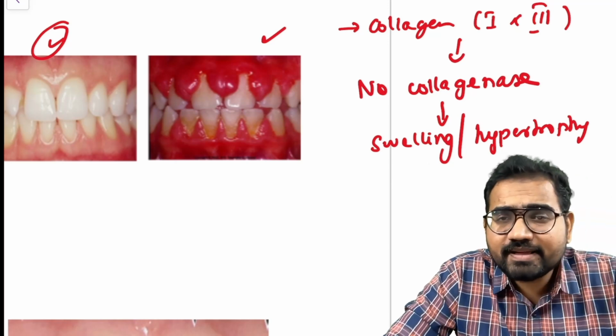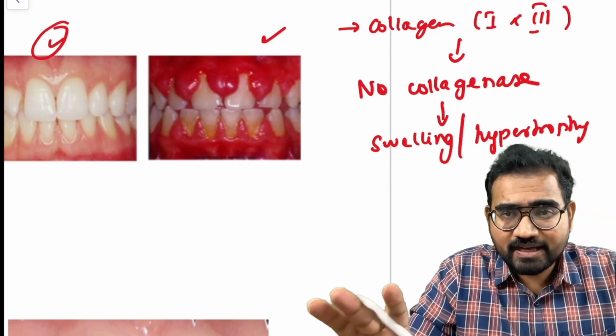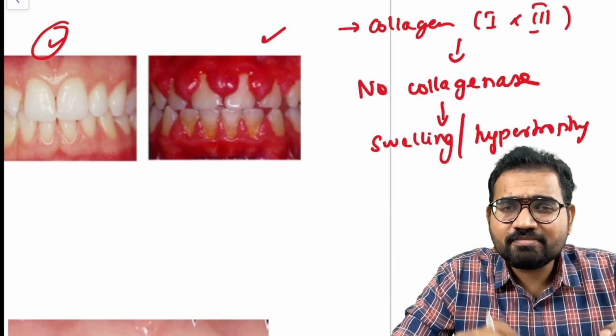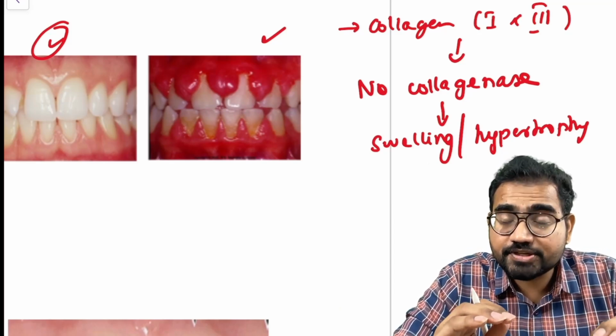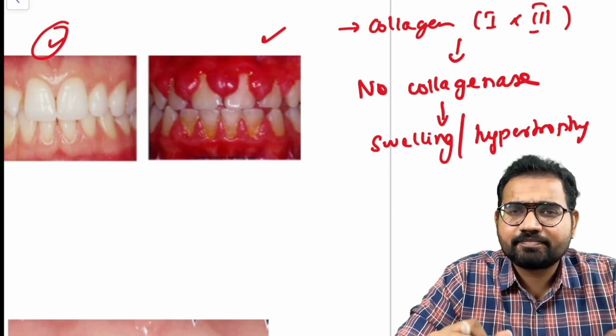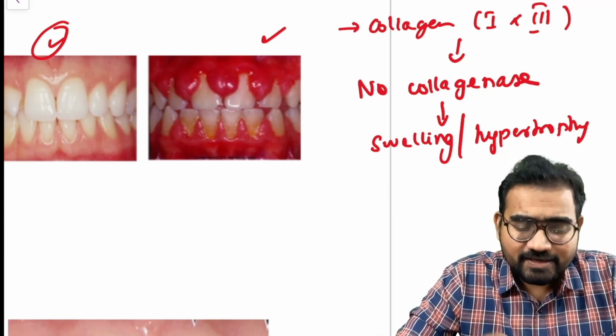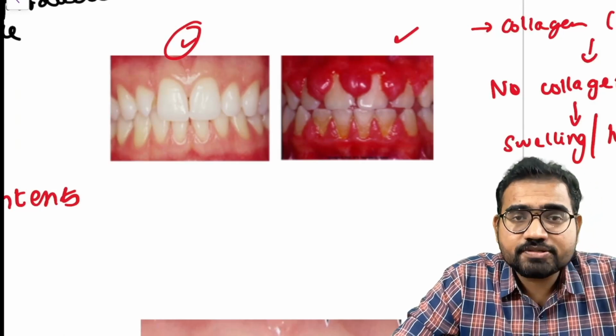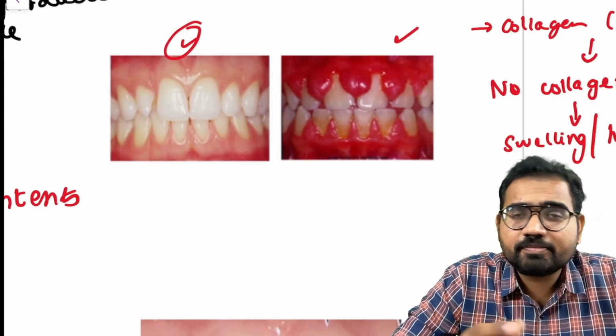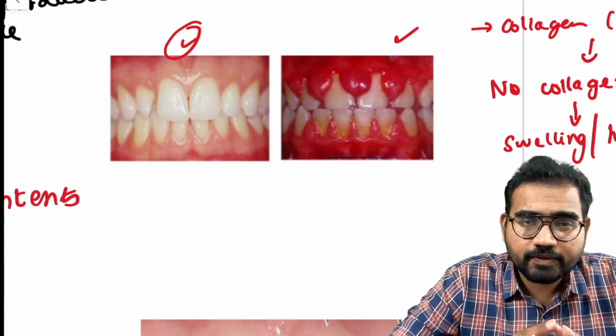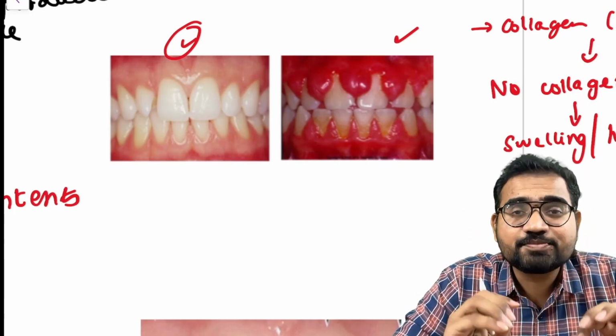So am I right in saying that in a patient with gingival enlargement, there will be some malfunctioning or some disturbance in the collagenase enzyme? Obviously, right? So these patients need a specific treatment, which I'll tell you in the treatment aspect.